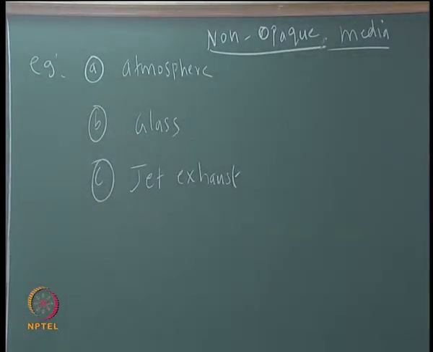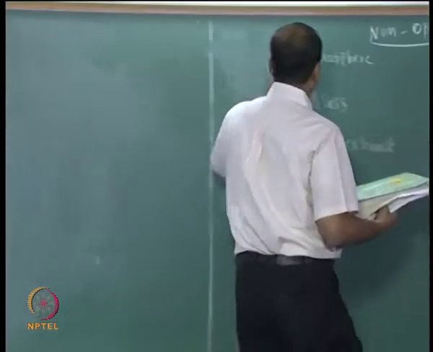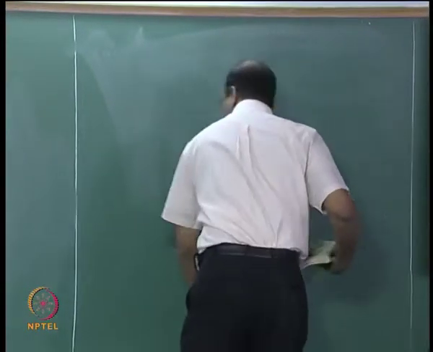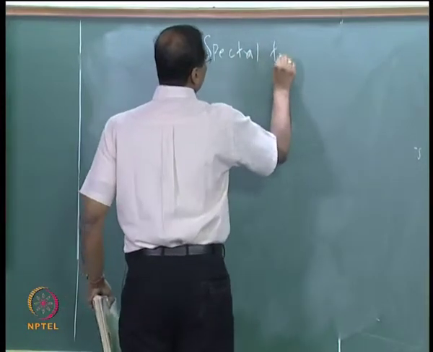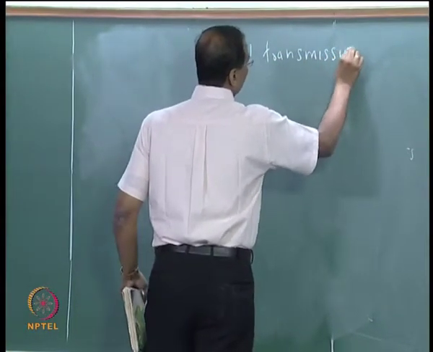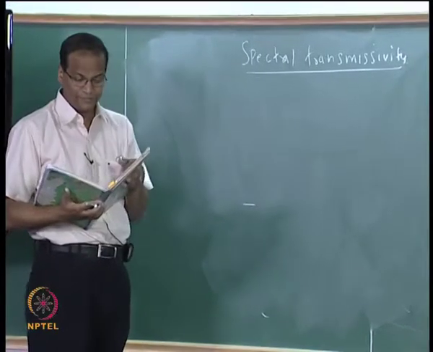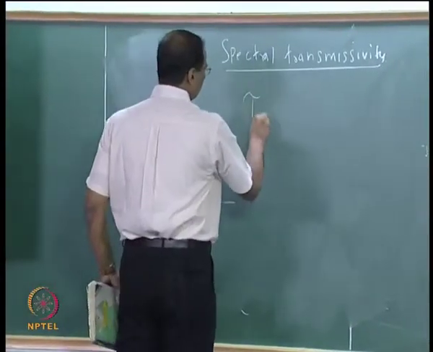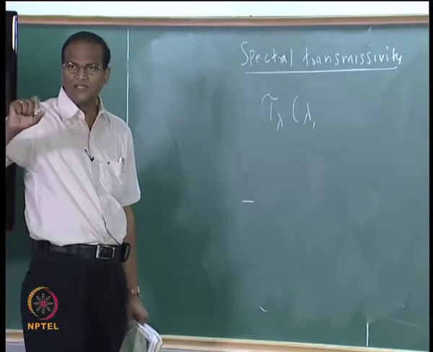So, spectral transmissivity. You want to put tau of, I want to use tau lambda, which should be a function of lambda, and shall we put it as d or L thickness?